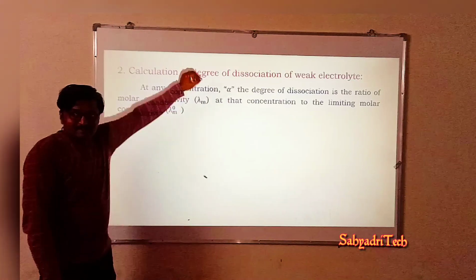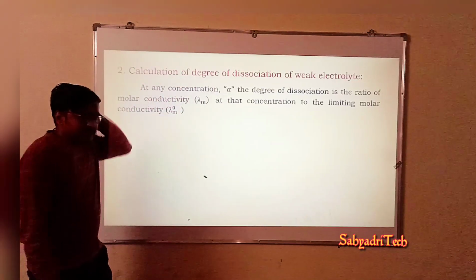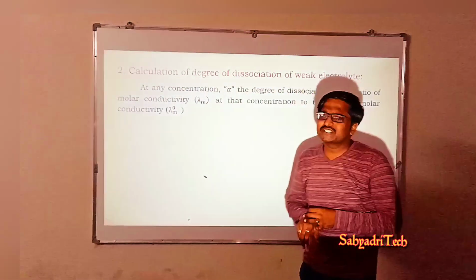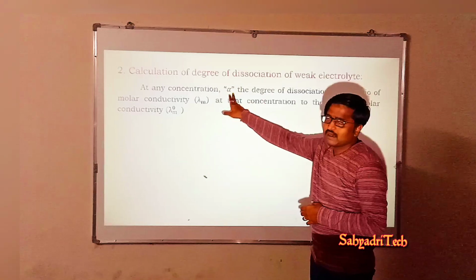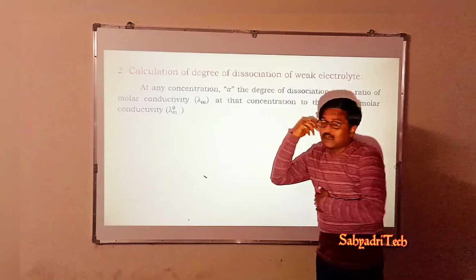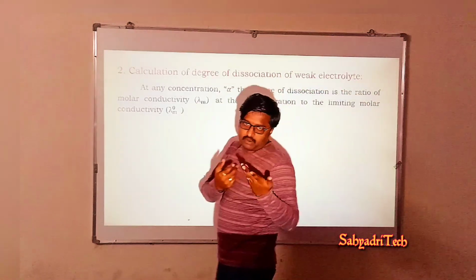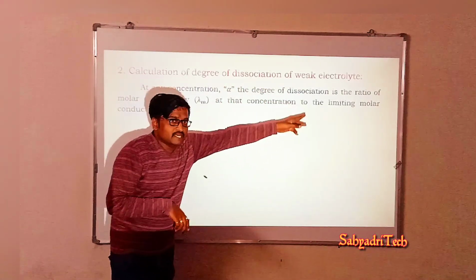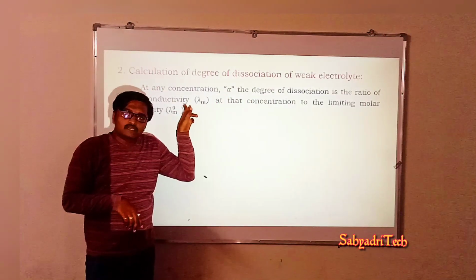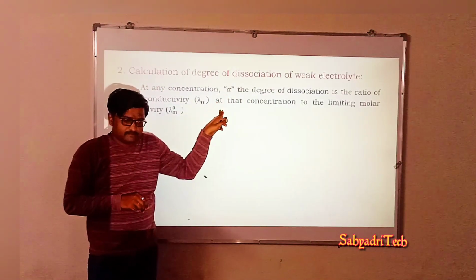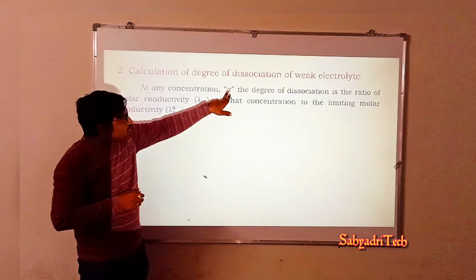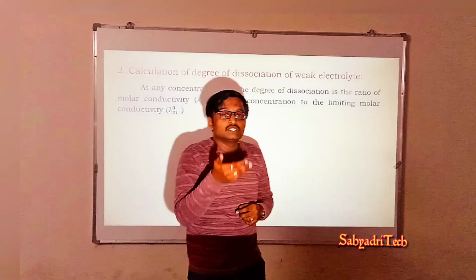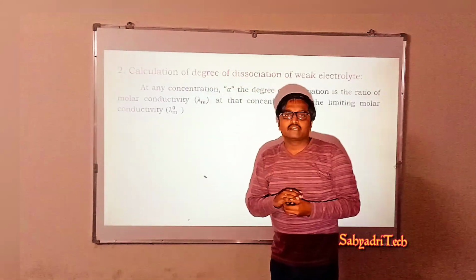Coming to the second one, that is calculation of degree of dissociation of a weak electrolyte. Degree of dissociation is abbreviated with the symbol alpha. How do we obtain it? By taking the ratio between the molar conductivity of an electrolyte to its limiting molar conductivity.